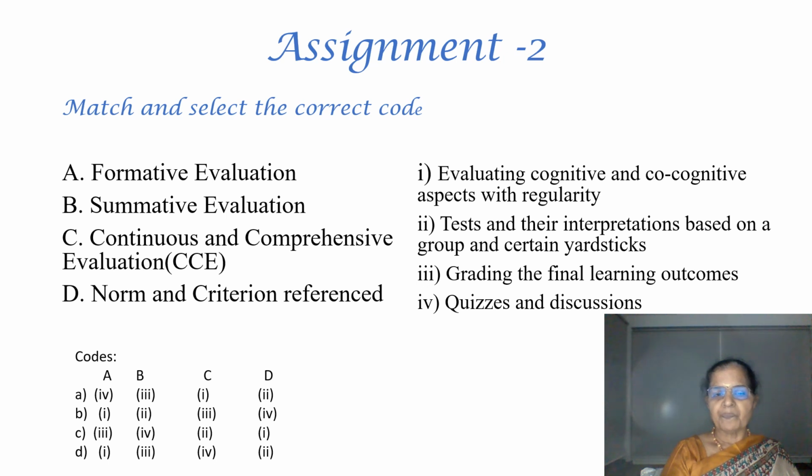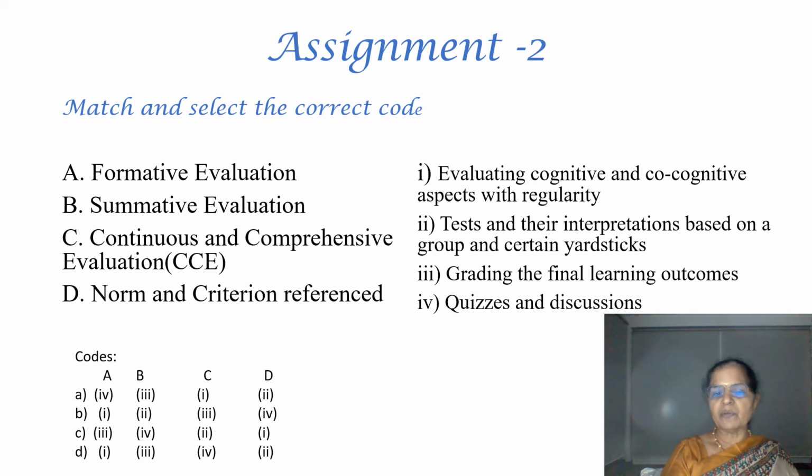What about the second statement, tests and their interpretation based on a group and certain yardsticks? No, this is not for formative evaluation. And the third statement is grading and the final.